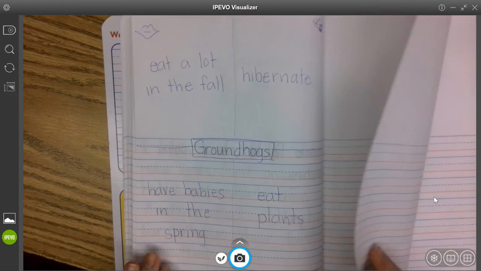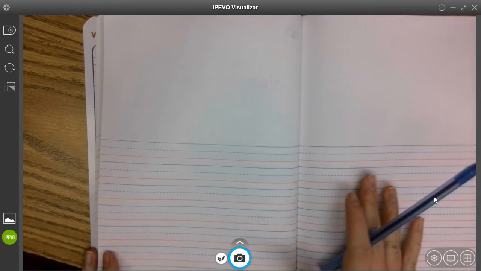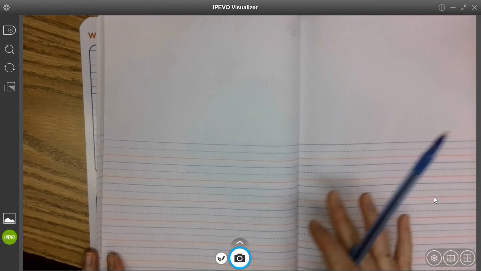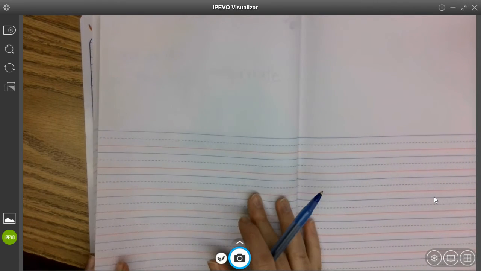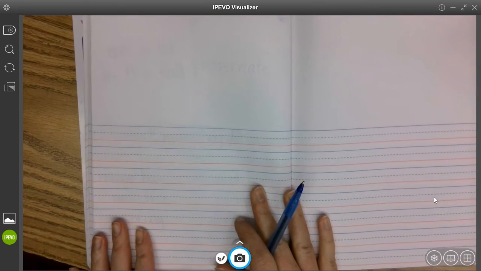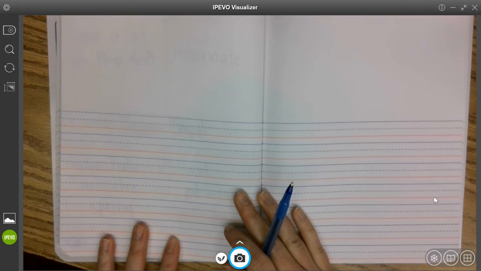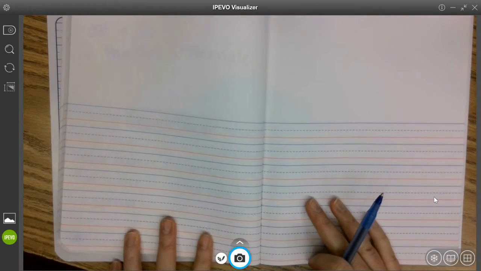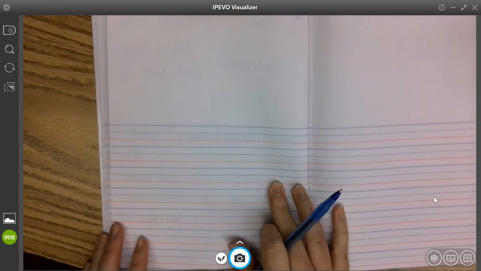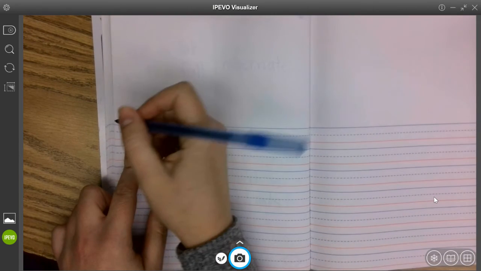And again, I want to go where I have 2 pages available so that if I finish one page, I can go on to the next without having to flip it over. The idea behind that is that when it's done, you should be able to take a picture of both pages at the same time. Okay, so let's start right here.